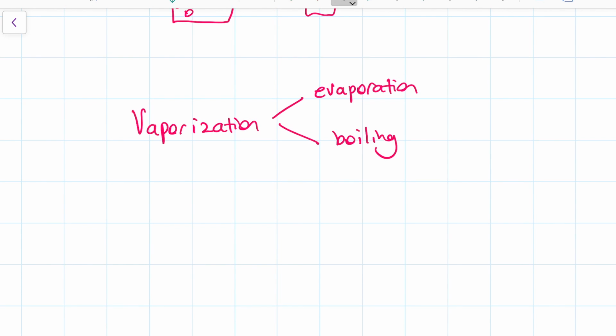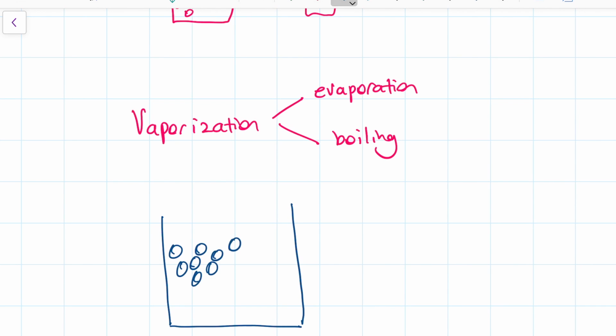So picture a beaker of water, and picture these molecules of the liquid in this container sliding over each other, and I'm not going to draw them all.